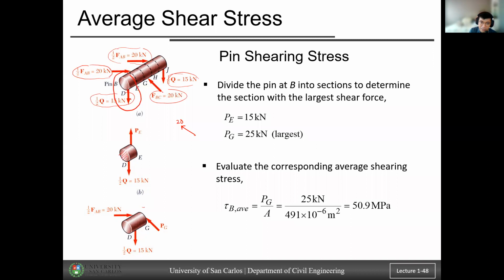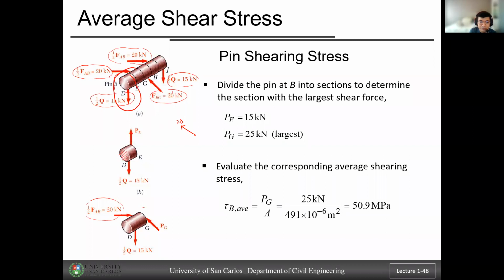So 15 ra. But if you go deeper into the material, let's say at joint G or cross section G, so notice nga nanatay daghang forces nga mo affect sa inyohang system. So you have the 20 kilonewton force coming from force AB. You have, so I think this one is 25 ni siya.